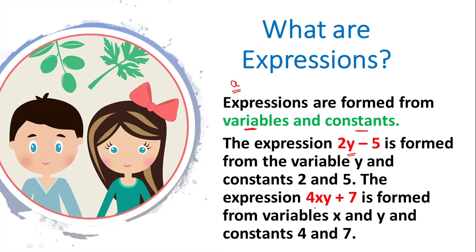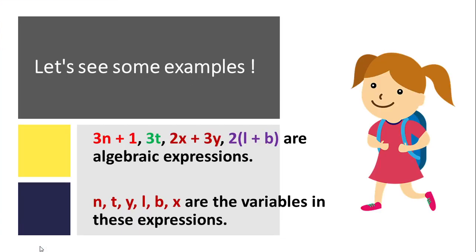Now children, here 4 and 7 are the constants, as well as x and y, the alphabets. Those are called the variables. So what is a variable and constant? Variable you can consider as an alphabet, and constant you can consider as the numbers. And what is an expression then? Expression is formed by using these variables and constants. I hope children you are clear with the concept.